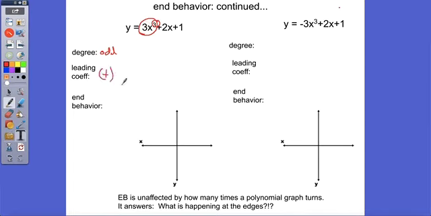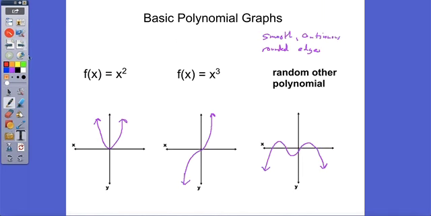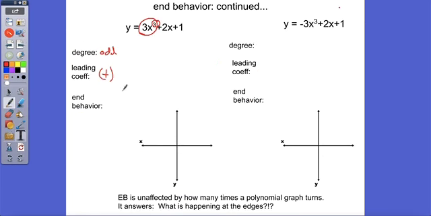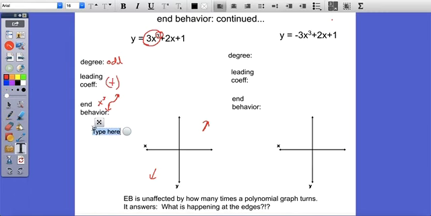So odd and positive, if you think back to an odd positive function, x cubed, odd with a positive leading coefficient, we know it's going to have the same end behavior as x cubed, which looks like this. So it's going to go down on the left side, up on the right side. And the way we describe that is by saying falls left and rises right. Falls left, rises right.